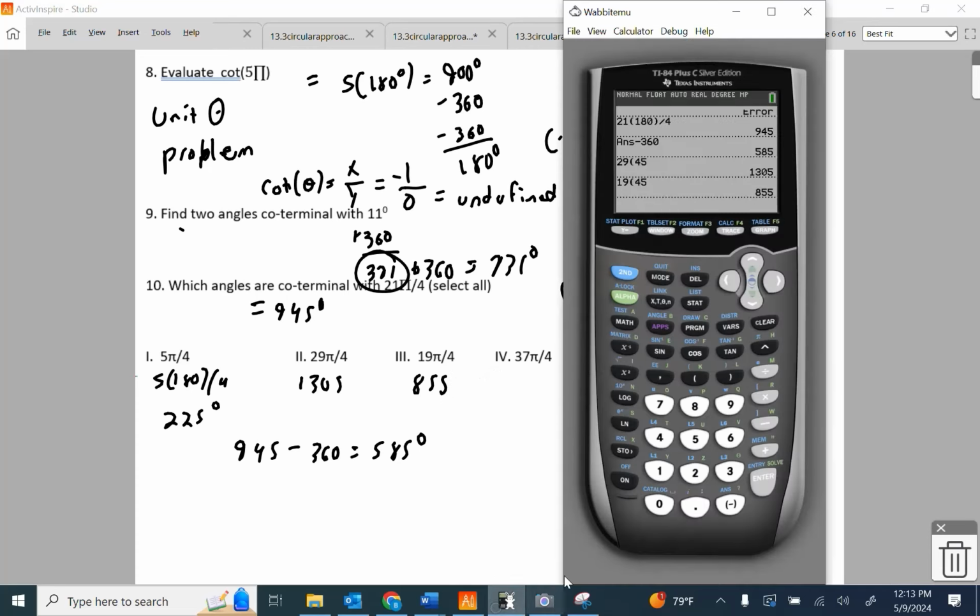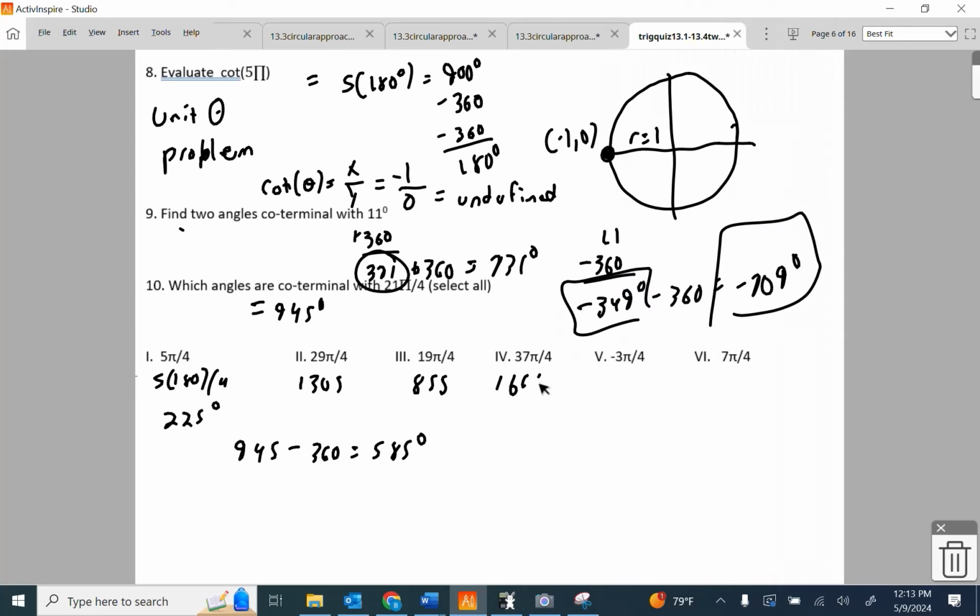Pi over 4 is worth 45 degrees, which is why I'm doing this. It's just easier for me to type. 1665. That one I know. That one's easy. That's negative 135. And that's going to be 315. So I don't see 585 yet. Maybe I take away another 360. And that's 135 degrees, which I also don't see.